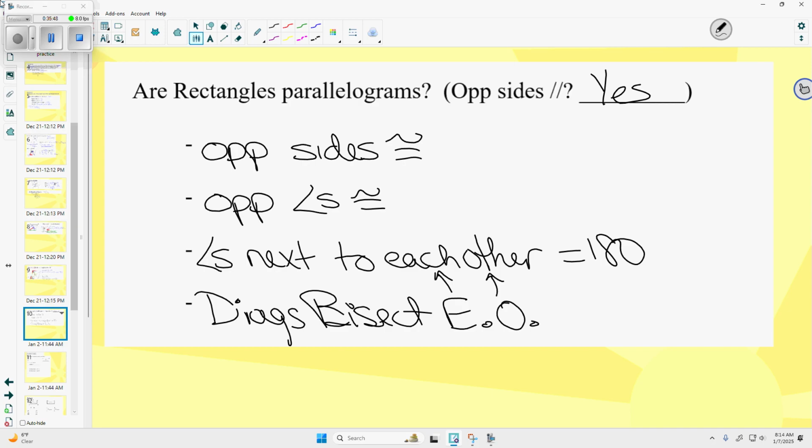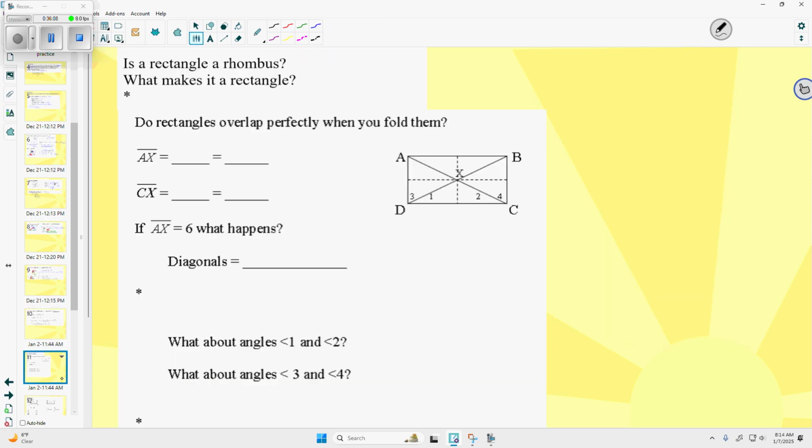Okay, so we know rectangles have all the properties of the parallelogram. What makes a rectangle a rectangle? What's special about a rectangle? I'll give you a hint. It's related to the angles.